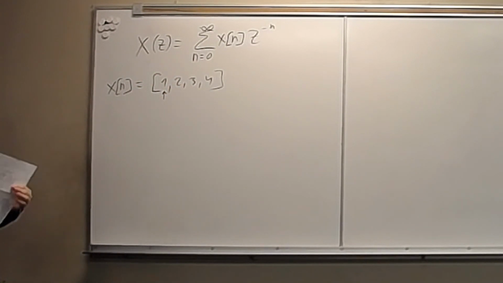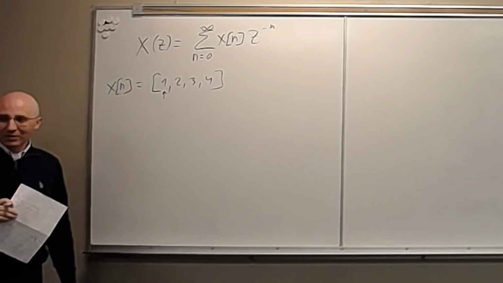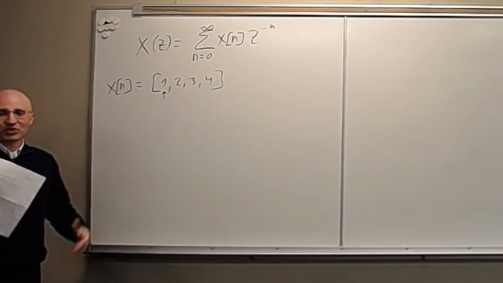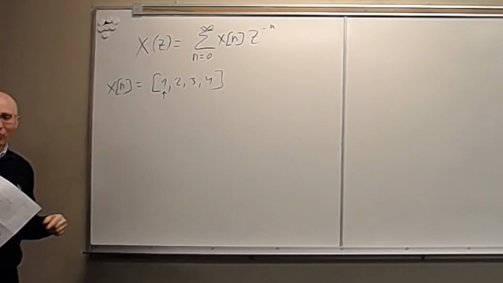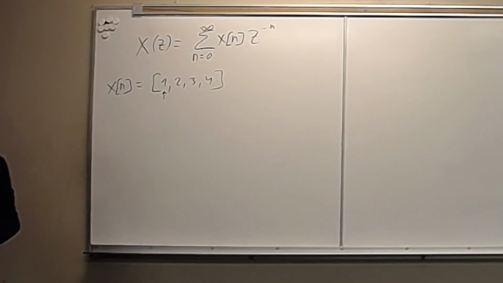Without that arrow, we cannot know which one is the first one. So this is just a list of numbers, right? Default is the first one is 0. Is it clear? If I'm not putting any arrow here, then this one is 0, 1, 2, 3. This is how it goes.